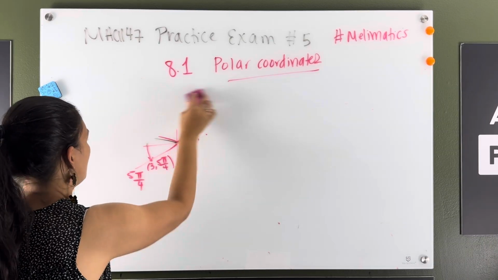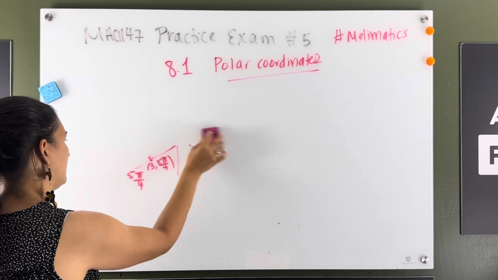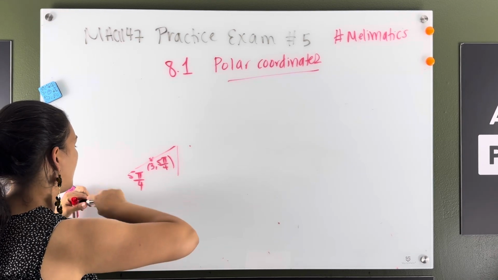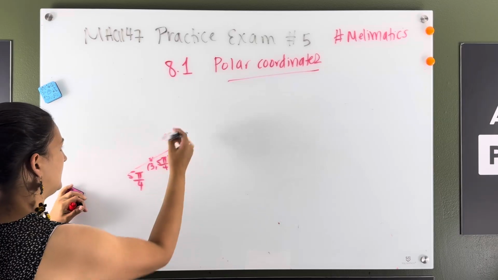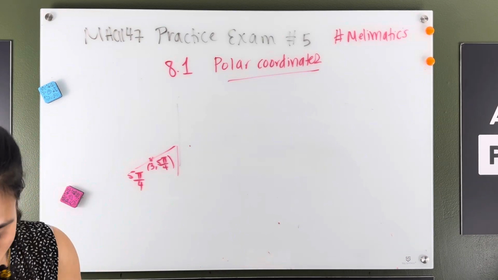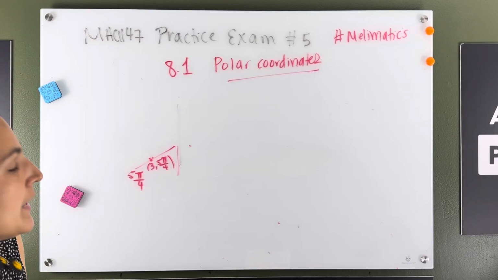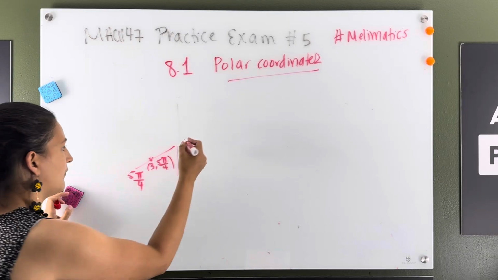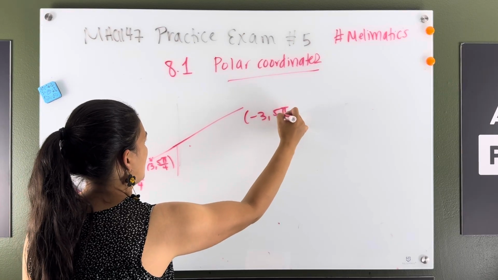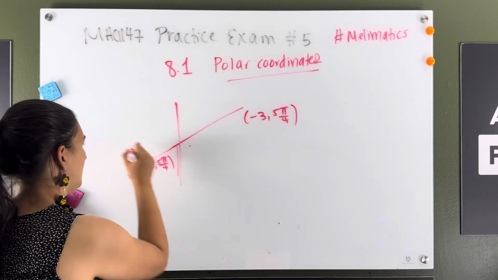So that's just something that I've been wanting to mention, okay? So I'll give you an example. We'll work with this one, part A. Part A was plot 3 comma 5 pi over 4, okay? Let's say, for example, I want you to plot negative 3 comma 5 pi over 4. We know that's going to be the opposite direction, right?